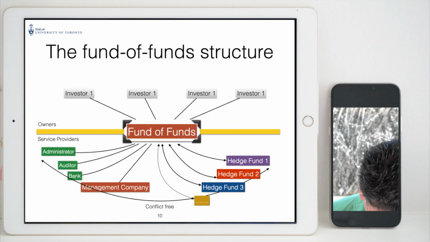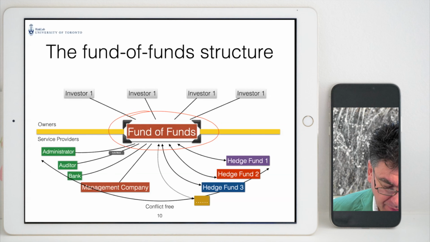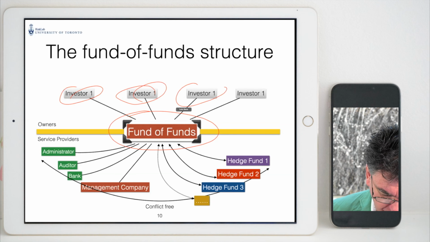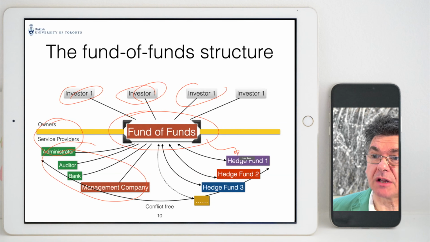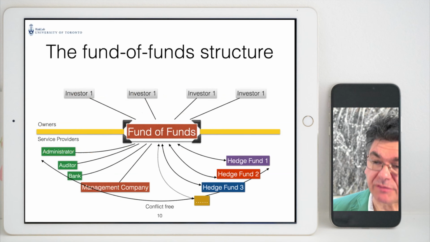I have to fix it. There we go. Okay. So there were funds. They had the same fund structure with investors, service providers, owners, but they don't trade. They just invest in other funds. And these funds will do the trading for you. That's what a fund of funds is.